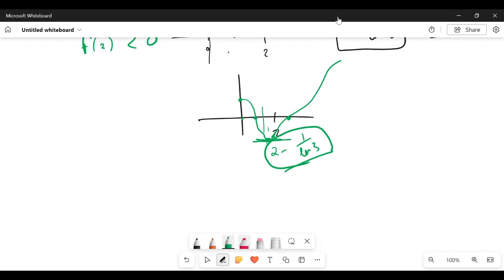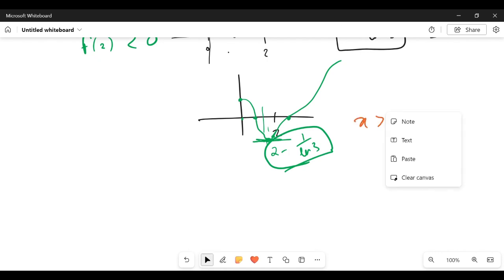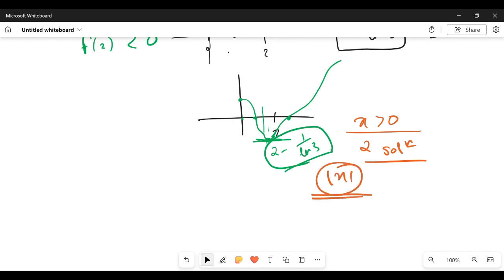And what is this analysis? This analysis is for x greater than 0. Okay, wait, this UI actually is troubling me a little bit. So this is x greater than 0, and this f(x) has two solutions, right? So if we are using mod x instead of simply x, then we know one thing: the nature of the graph on the right side of the y-axis is simply replicated on the left side also, right?